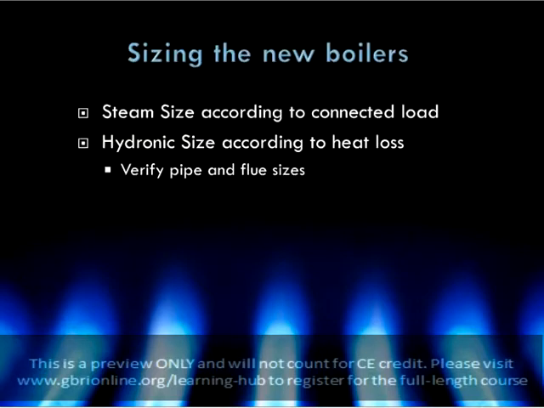System sizing, when you're sizing new boilers: hydronic and steam are completely different from each other. For a steam system, you have to size according to your connected load. What does that mean? Well, the locations along your building, and you have to add all those together to see what kind of BTU content that is.